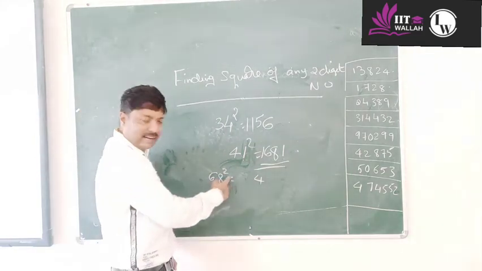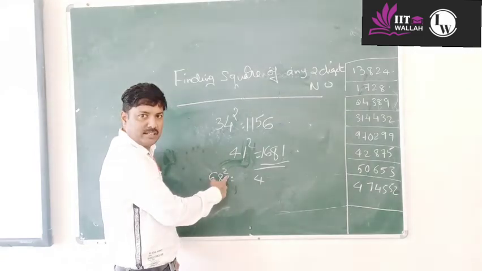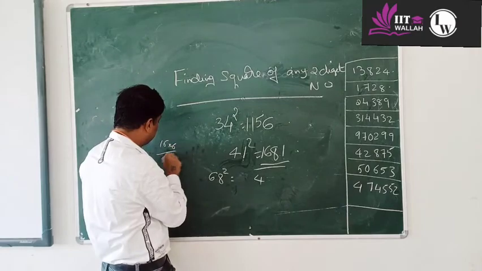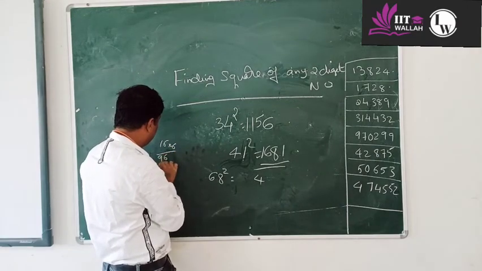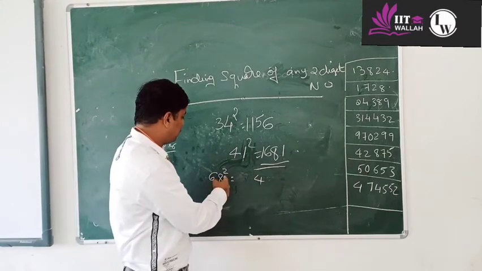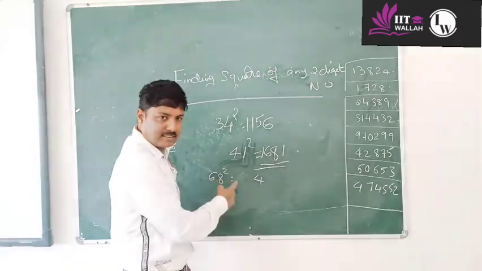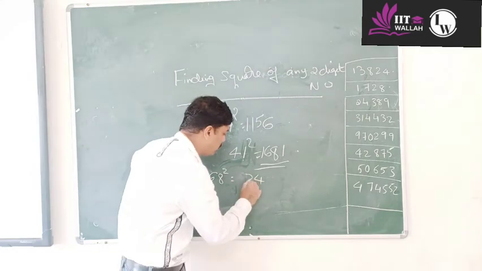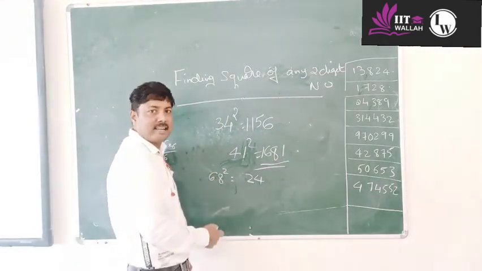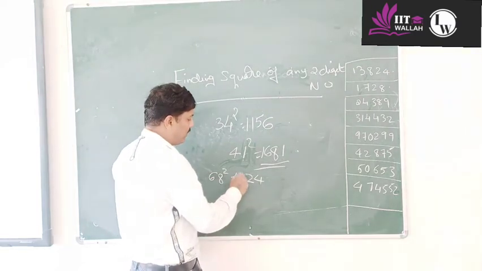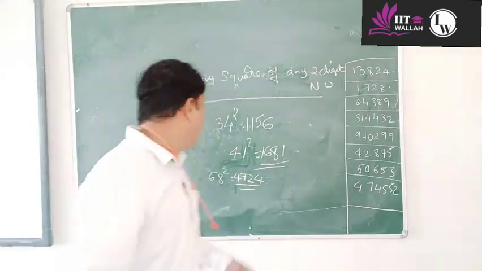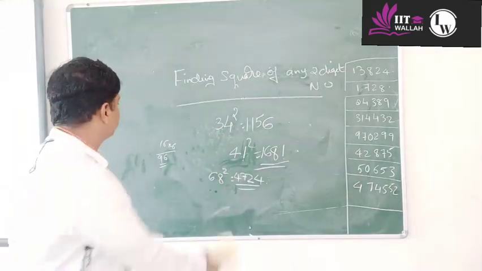Then multiply these 3 digits. 8 2s are 16, 16 6s are 96. 96 plus 6, 102... 6 carry. 6 square is 36, 36 plus 11, 47. 4624 is the square of 68.